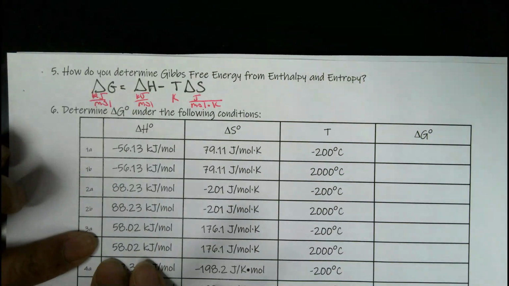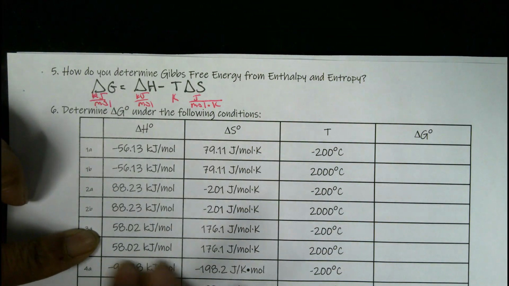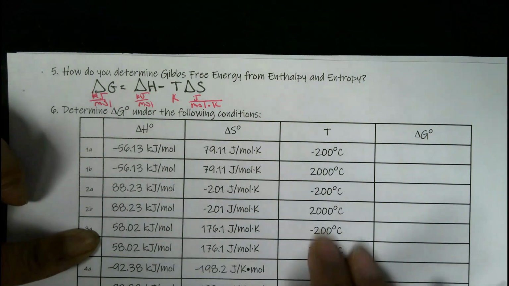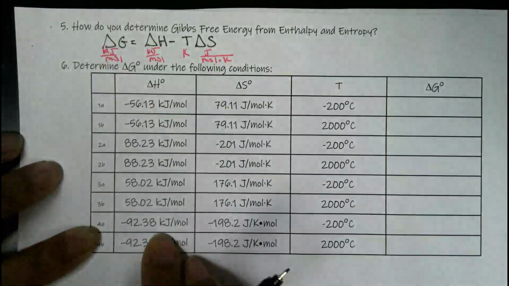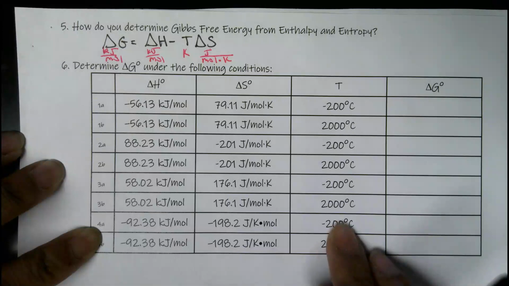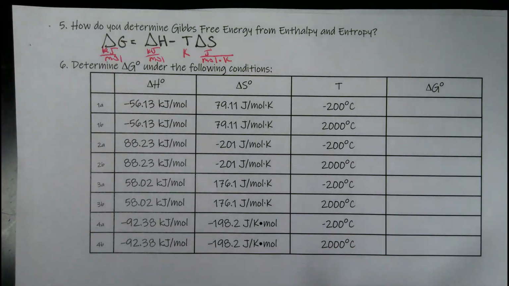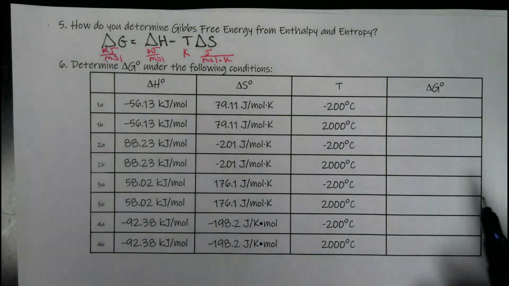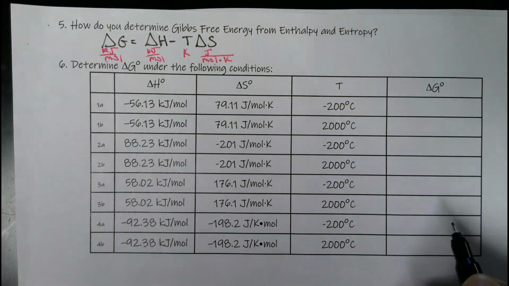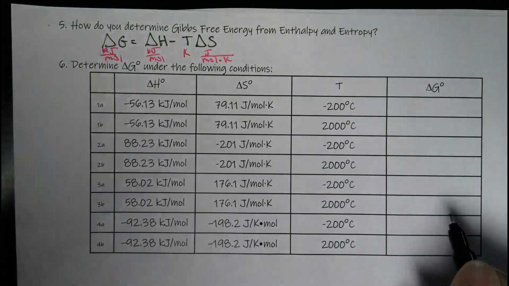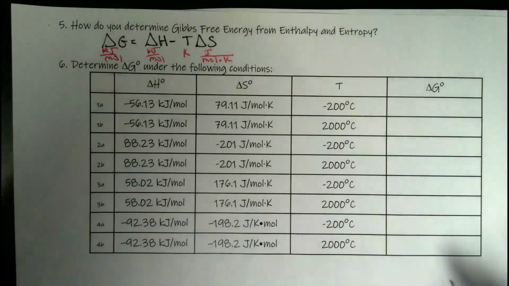I've made a positive delta H, positive delta S, have those two numbers, and then negative delta H, negative delta S, and then those two numbers. So essentially, these problems are important because I'm trying to have you see what happens at positive versus negative delta H, same thing with delta S, at different temperatures, at high temperatures versus low temperatures.